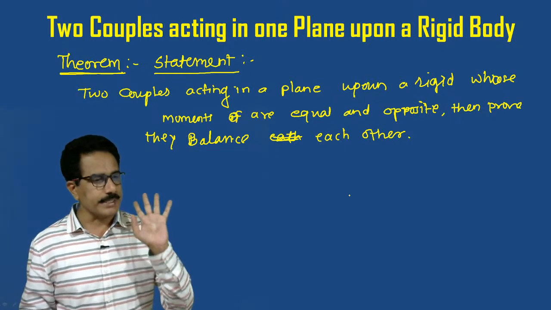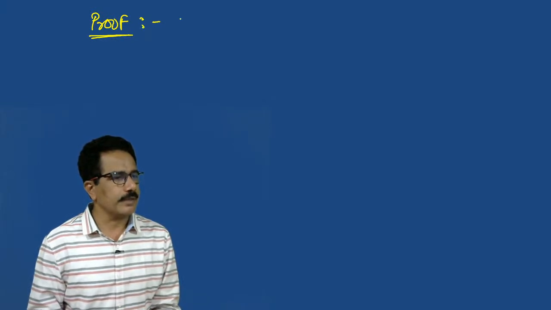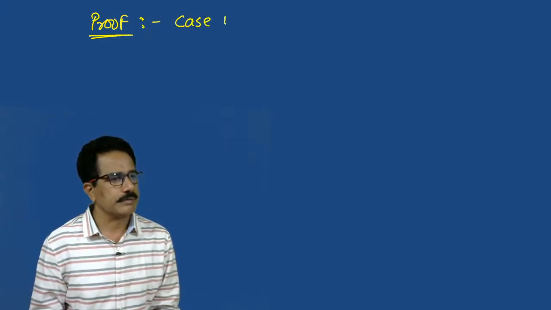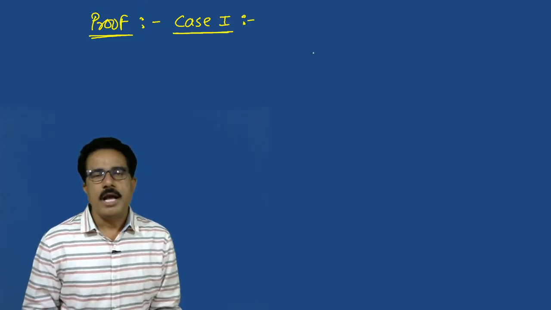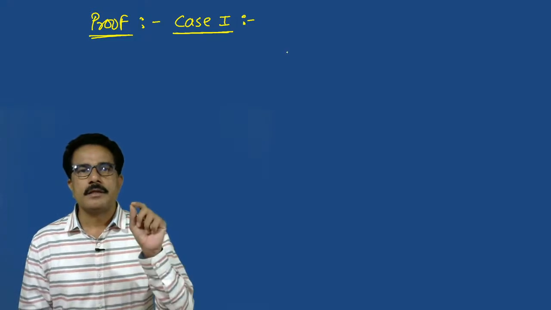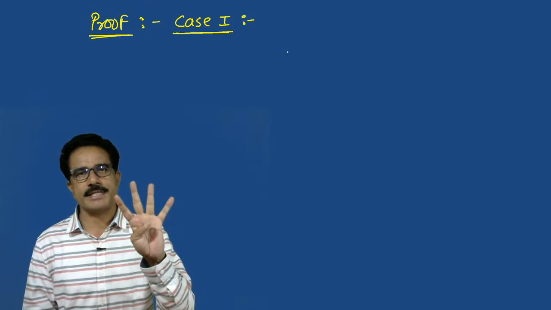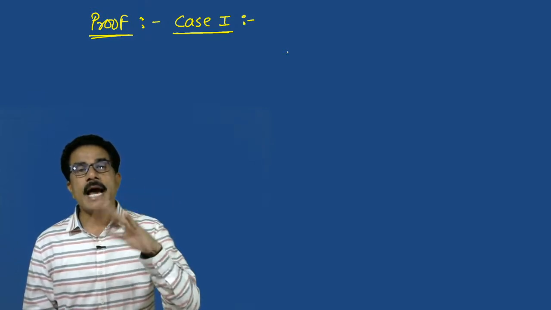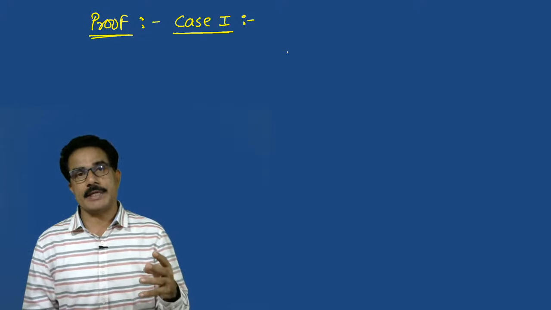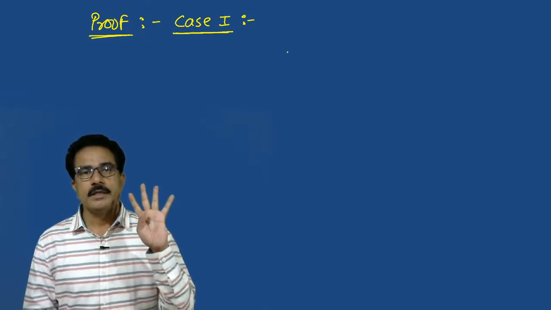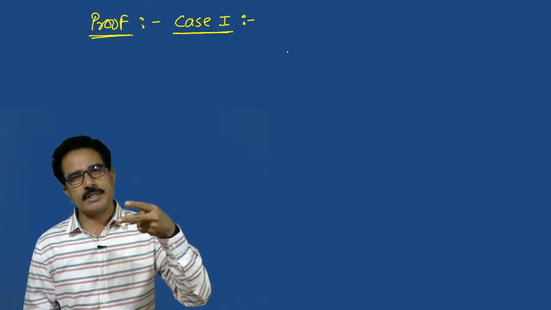Now there are two cases. Write down the proof. In that proof, case first: अगर दो कपल्स है यानी कि 4 फोर्सेस है, they are not parallel to each other. सिंगल कपल में पैरेलल होता है.